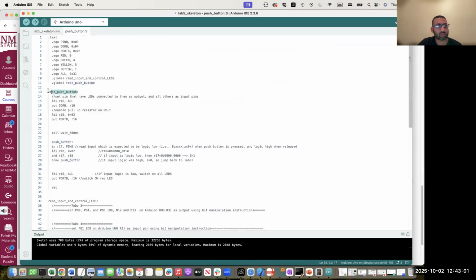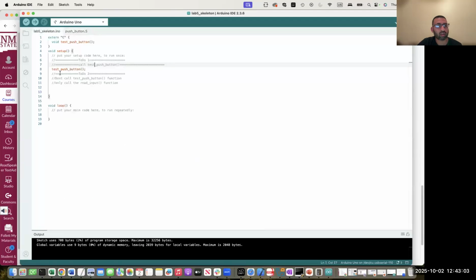You just need to call this test push button in your .ino file. Why we are calling it here is actually to figure out which of the two pins of the push button are by default connected with each other, so that we make the correct connection with the Arduino board.